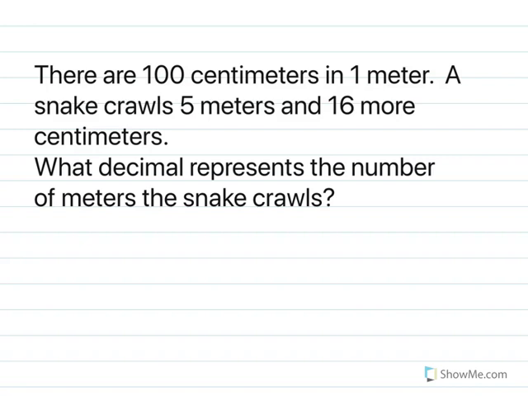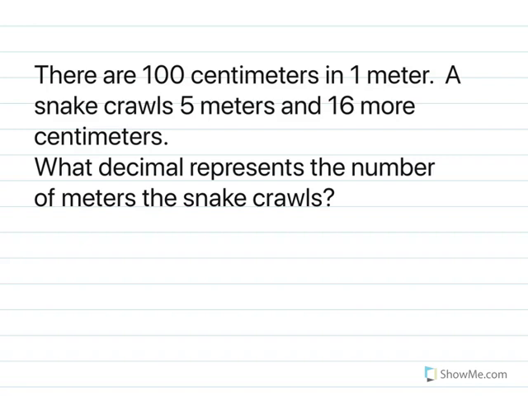All right, this is our last one. Okay, so there are 100 centimeters in 1 meter. A snake crawls 5 meters and 16 more centimeters. What decimal represents the number of meters the snake crawls?